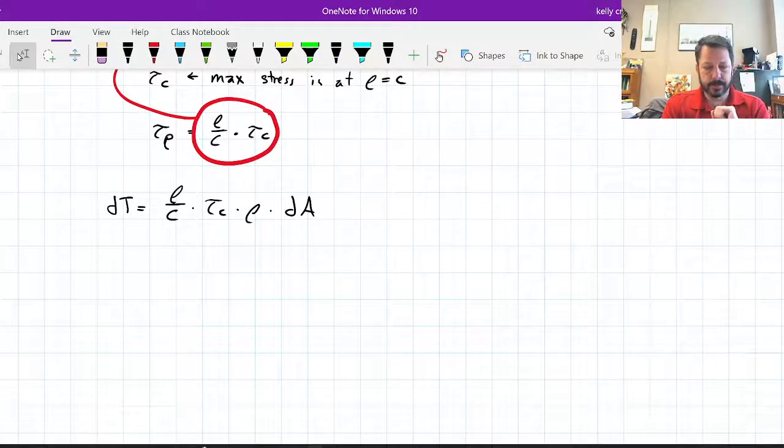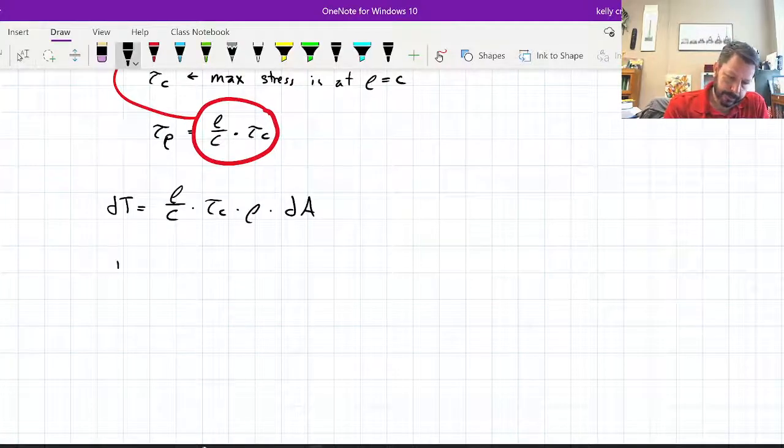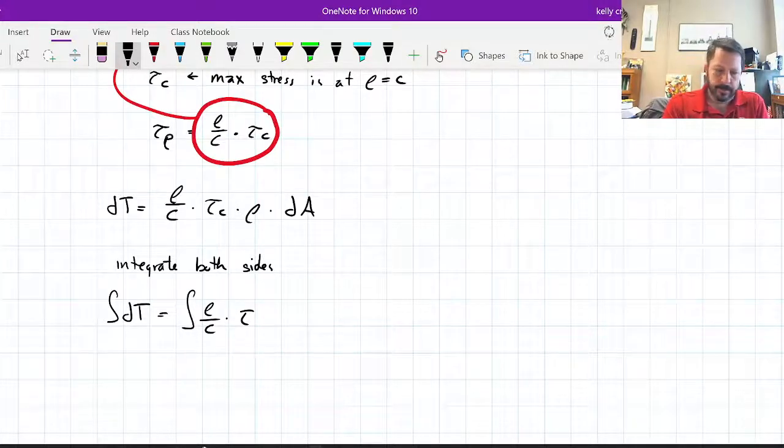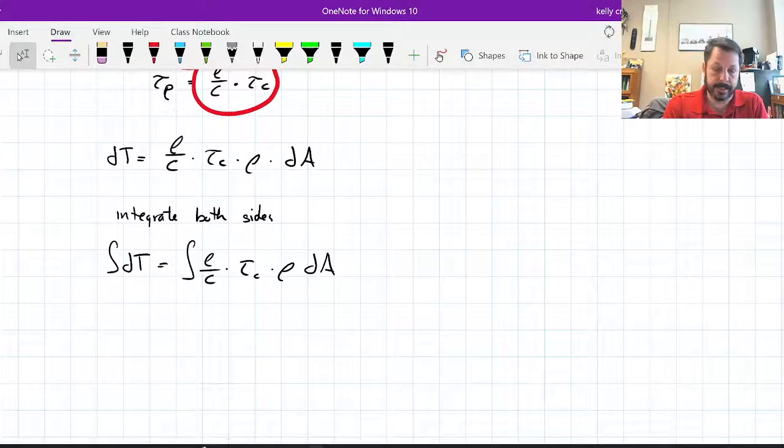Now I've got this differential set up here, and I can integrate both sides. So integrate dT equals integrate rho over C, tau C, times rho dA. The integral of dT is just T, so the torque.